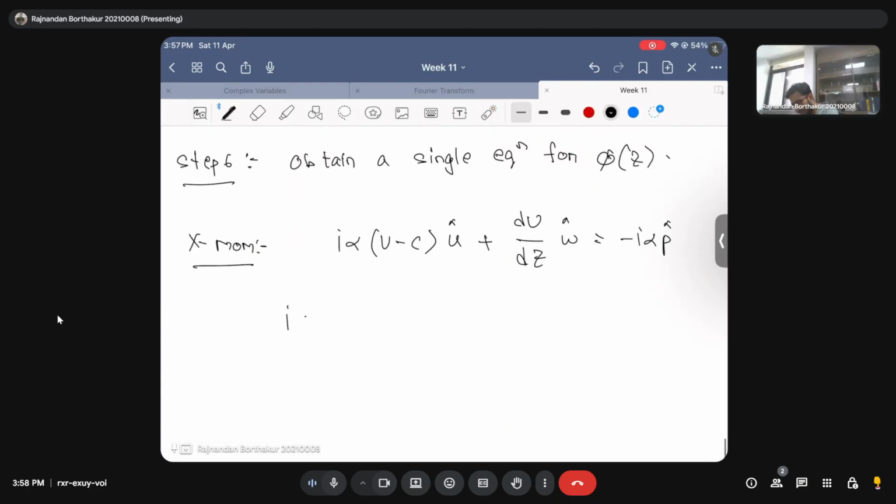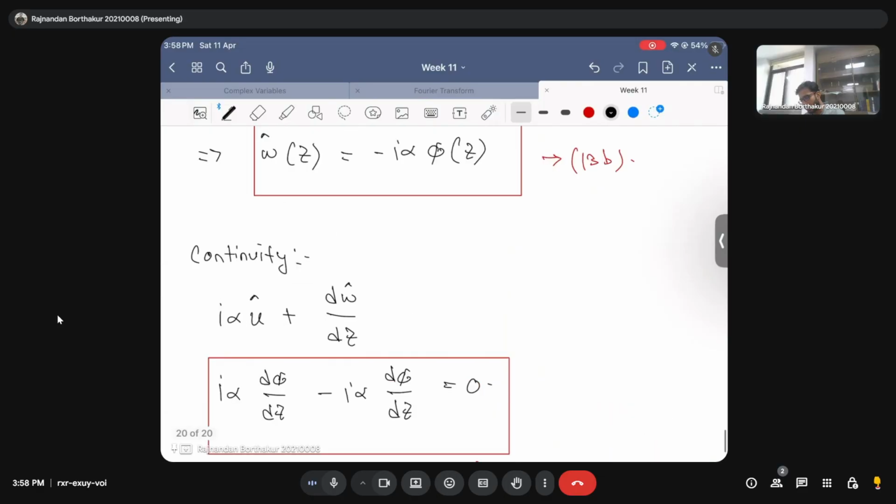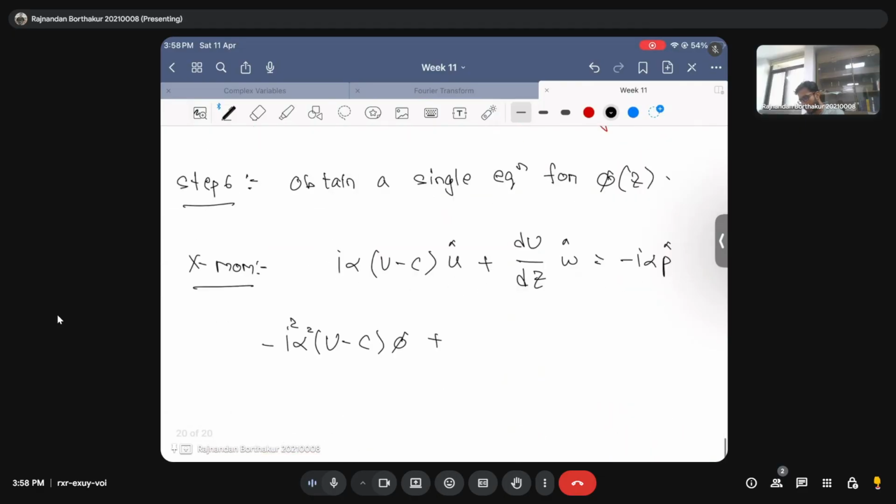So it is i alpha times (U minus c), u hat is minus i alpha phi, which means this becomes minus i squared alpha squared phi. Okay, and this term w hat, so w hat is what? Sorry, I think I made a mistake. Very sorry.